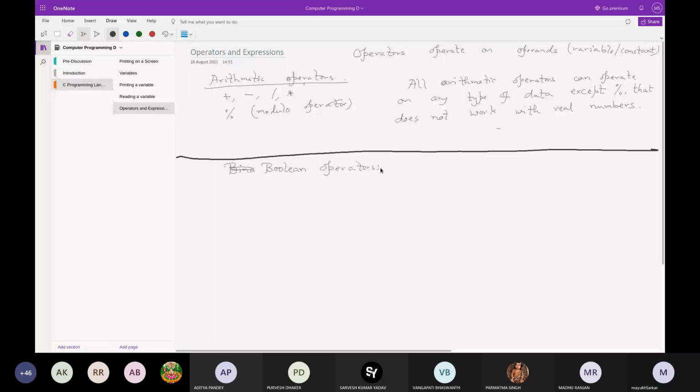In the case of Boolean operators, there can be several of them. Boolean operators perform the operation bit by bit. Okay, and they are AND, OR, XOR, and binary Boolean NOT.